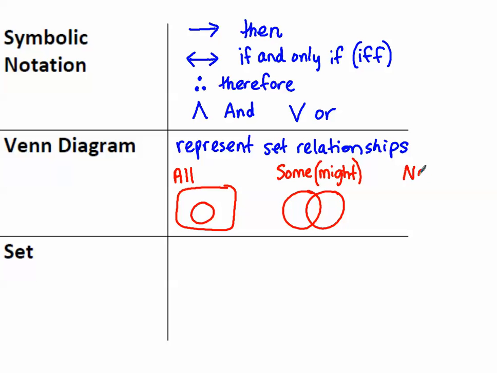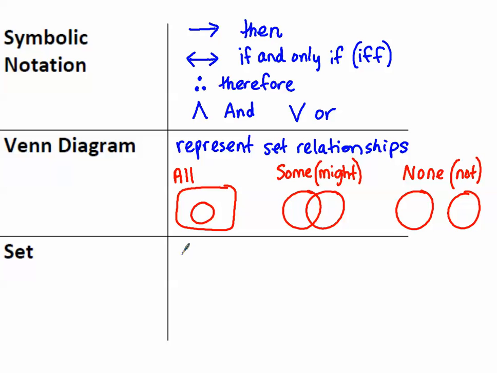Then we have none or not or no, some sort of negative where the two circles don't intersect. Nobody that likes the Redskins also likes the Dallas Cowboys. And then when we say set, that's the groups that we're comparing.